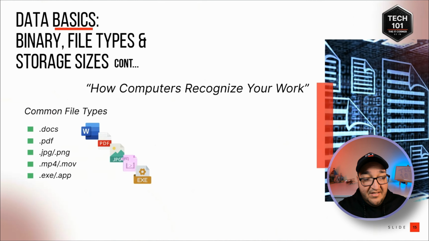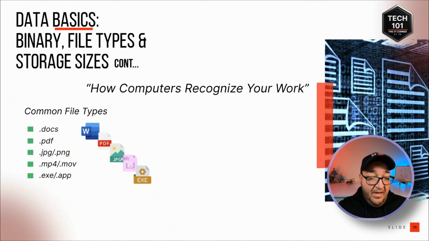You've got JPEGs, which are image files, MP4s and .mov for video files, .exe and .app, which are programs, executables, and applications. Each file type is formatted in a specific way so your computer knows what to do with it. So if you try opening a JPEG in Microsoft Word, that's really not gonna work. Those are the common file types.